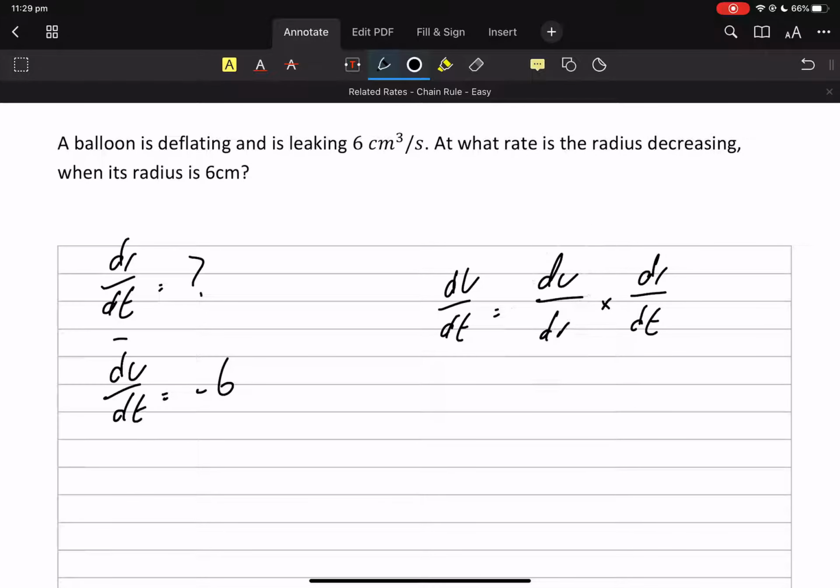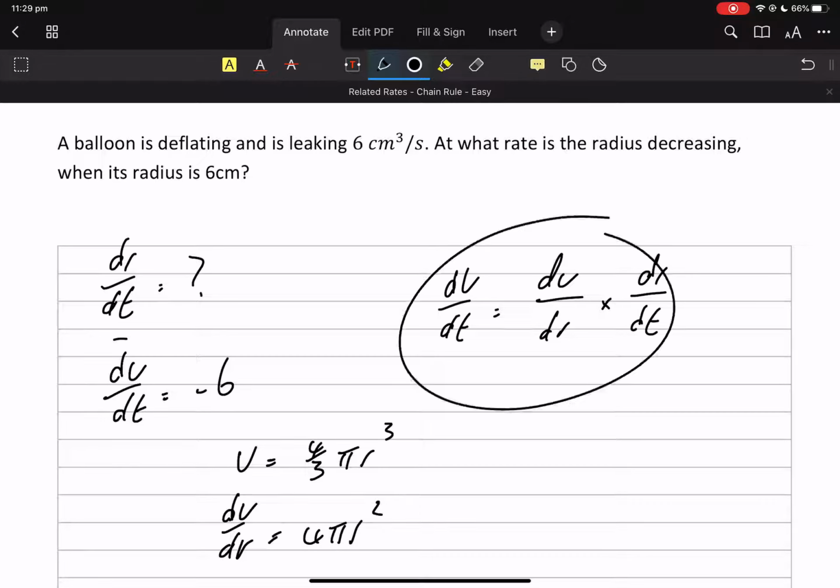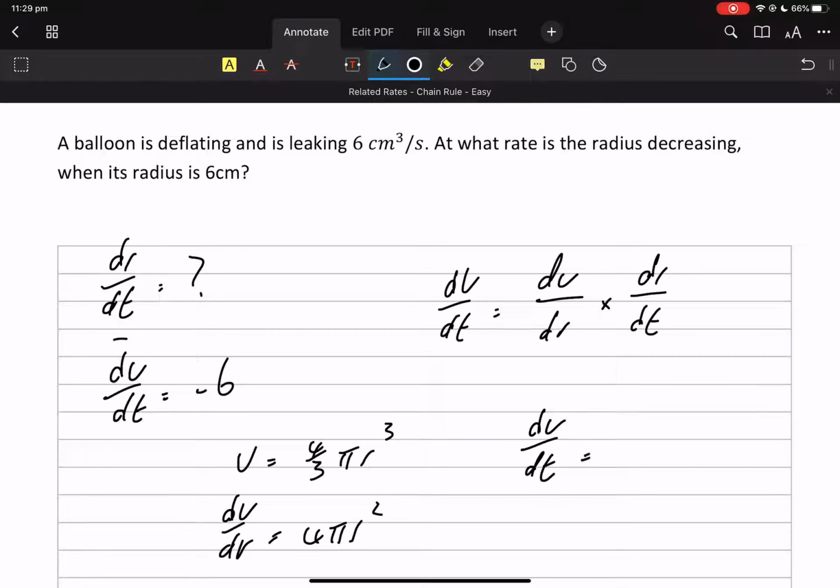We've got to generate that volume of a sphere. So now we can do our dV dr. So we get this thing here is now dV dt equals 4 pi r squared times dr dt.